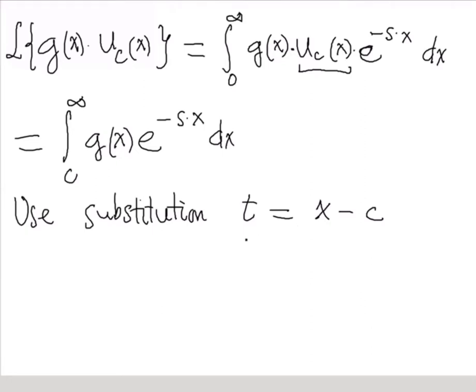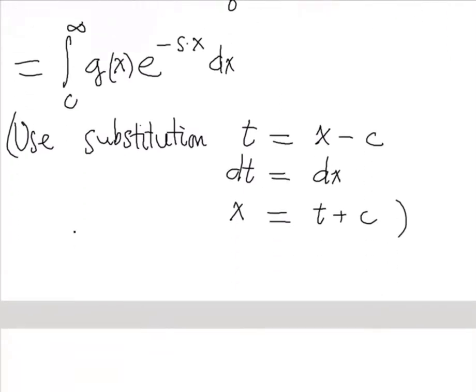See, and so we have dt is the same as dx, and x is t plus c. So with substitution, the integral, originally the integral goes from c to infinity.